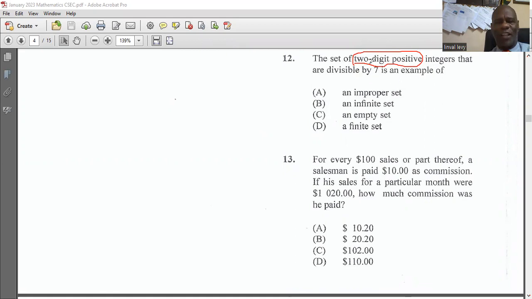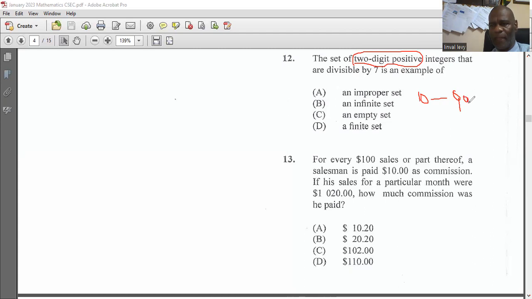Remember I said the set of positive integers would be from 1 to infinity, and then the 2-digit numbers would be from 10 to 99. Once you get to 100, you're going to 3 digits. You follow what I'm saying? Do we have a maximum? Yes, we do have a maximum. So it will be from 10 to 99.